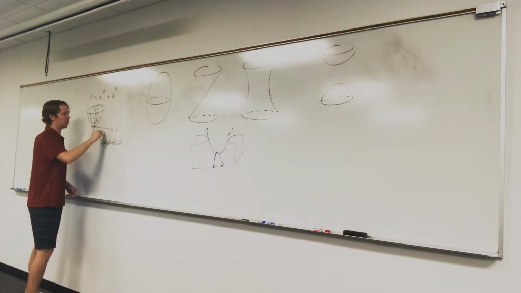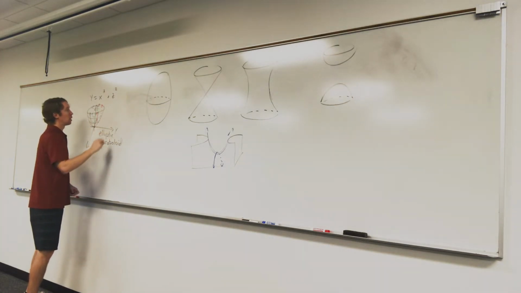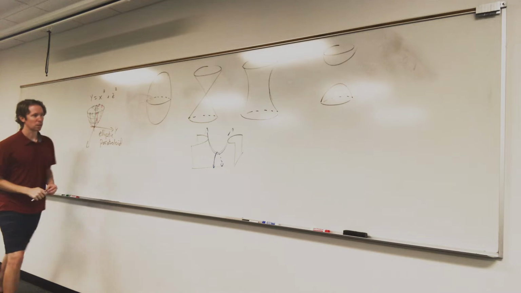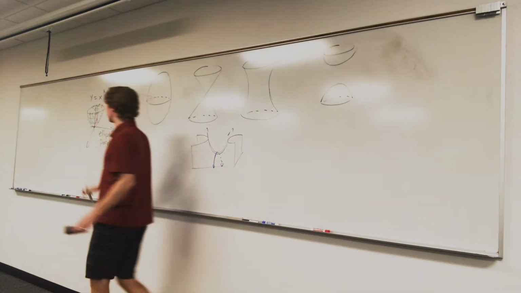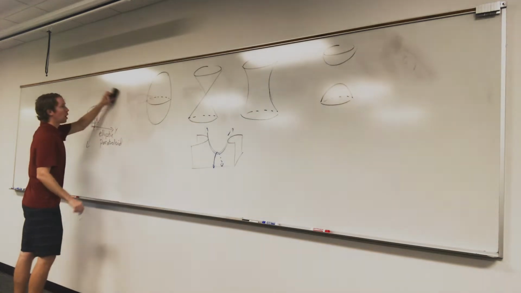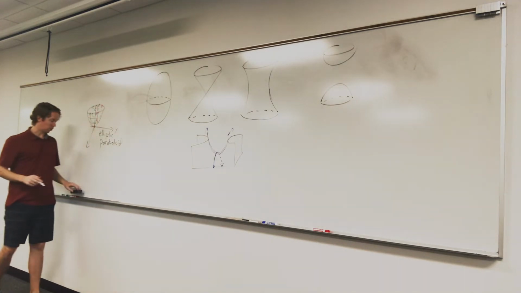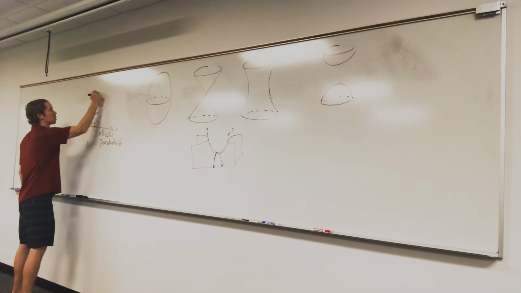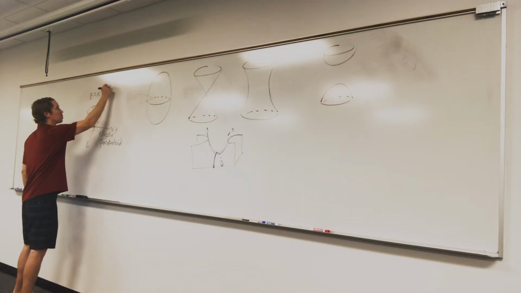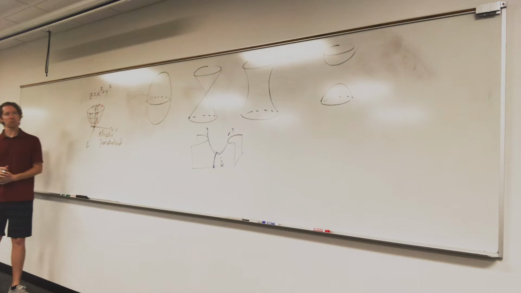Good. Let me go ahead and write down the equation for this one, and then I'll give you a list of equations, and you can help me figure out which equation goes with which picture over there. So this one looked like this: z equals x squared plus y squared.